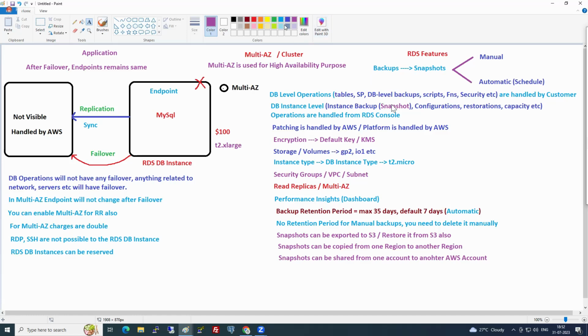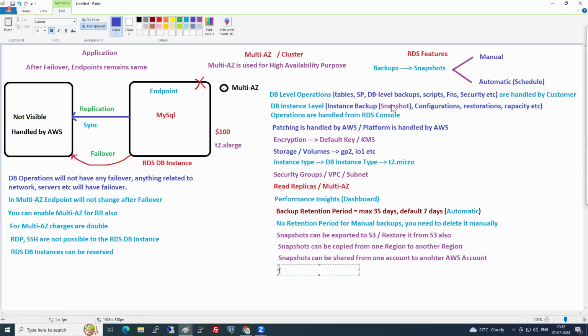Yes, that is a certification question. You can scale up a DB instance, but not on the fly. Downtime required.